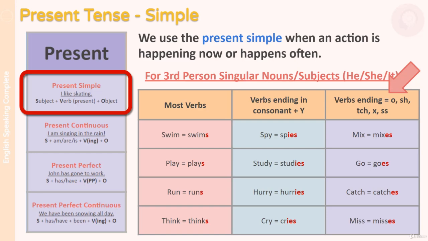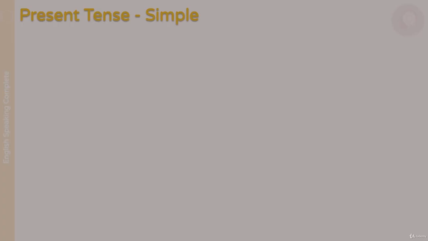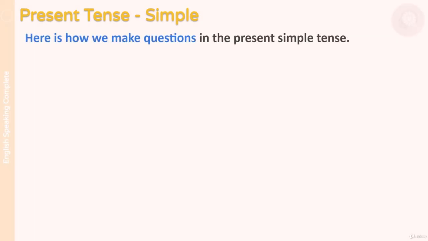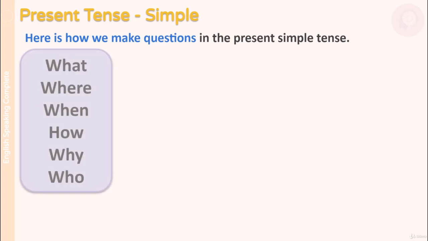Okay, so one other form I want to show you in the present simple tense is how to make questions in this tense. And really, it's quite simple to do this. So to begin with, we're going to use the 6 W's to form our questions.